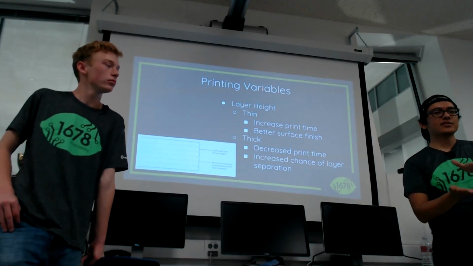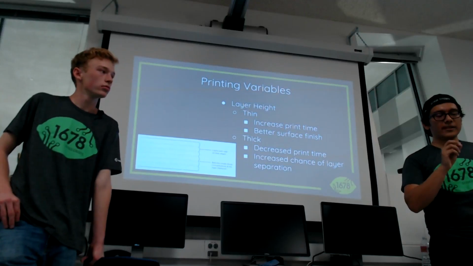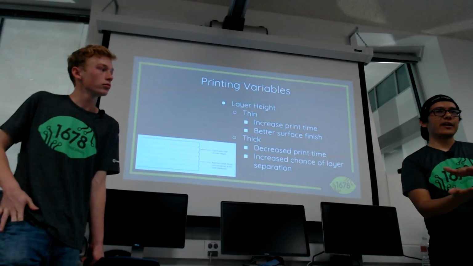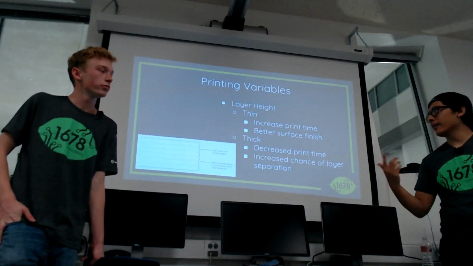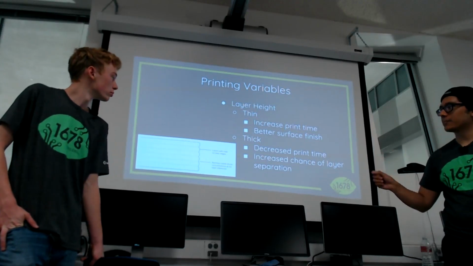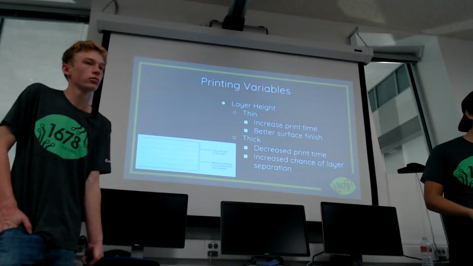There are more fused layers, but those fusions between the layers are weaker than just the strands of extruded plastic. So if you go too small with your layer height, it's weaker than if you go with a medium layer height. But if you go with an even higher layer height, you end up with not enough adhesion between layers, and you end up with stress amplifiers between them. So that ends up weaker also.